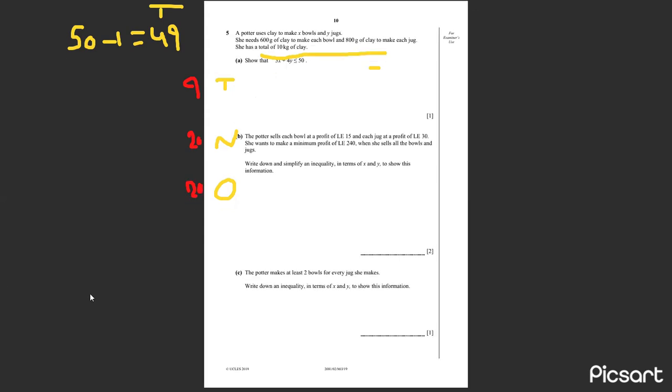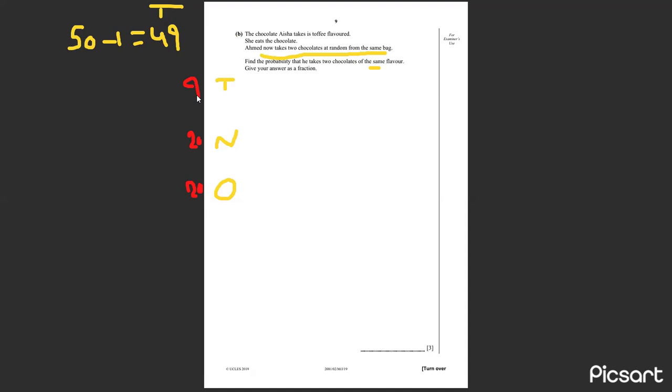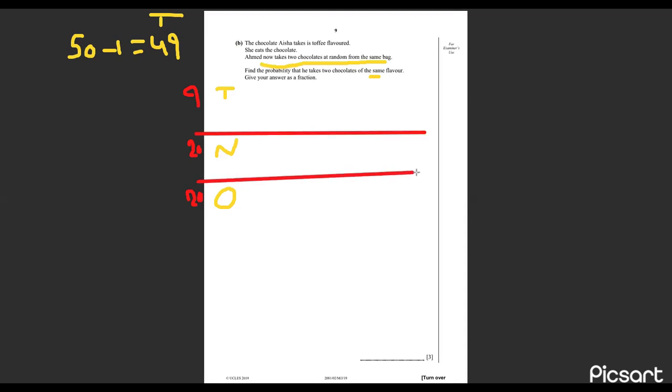So we are going to separate this. We get the toffee alone, then the nuts, then the orange, then we get the total, and the total is the probability. So first of all, for the toffee, we have 9 out of the 49, multiplying by, if they are the same, 8 over 48.